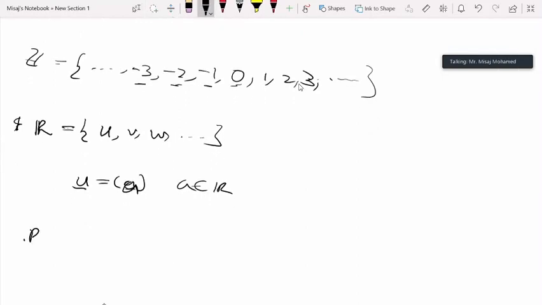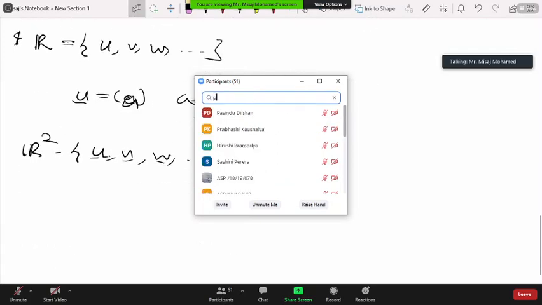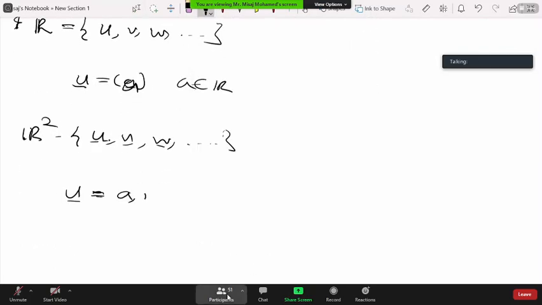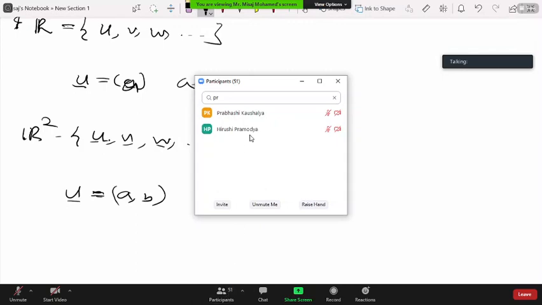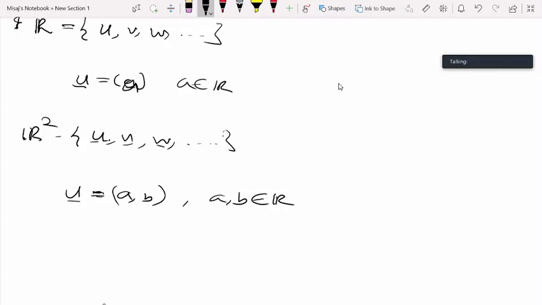If you say R2 vectors, U, V, W, whatever, U can be written in the form (a, b) coordinates, where a and b are in R. A and b are real components, real numbers. The first component of U is a, the second component is b.